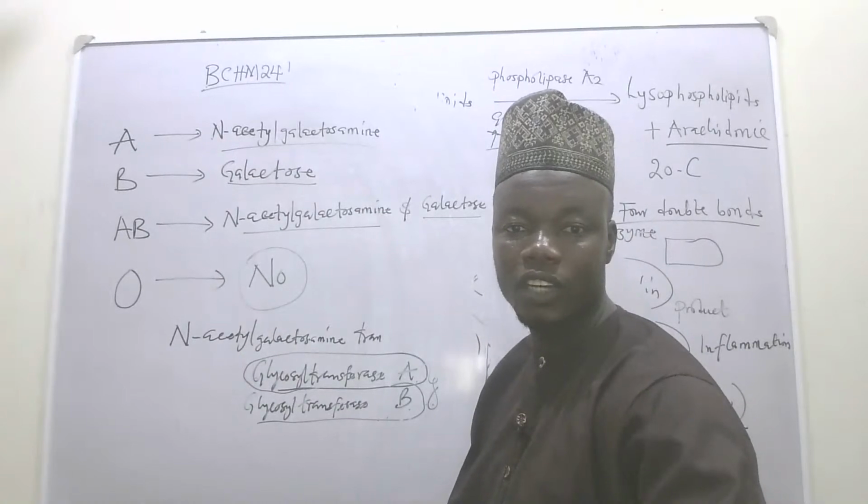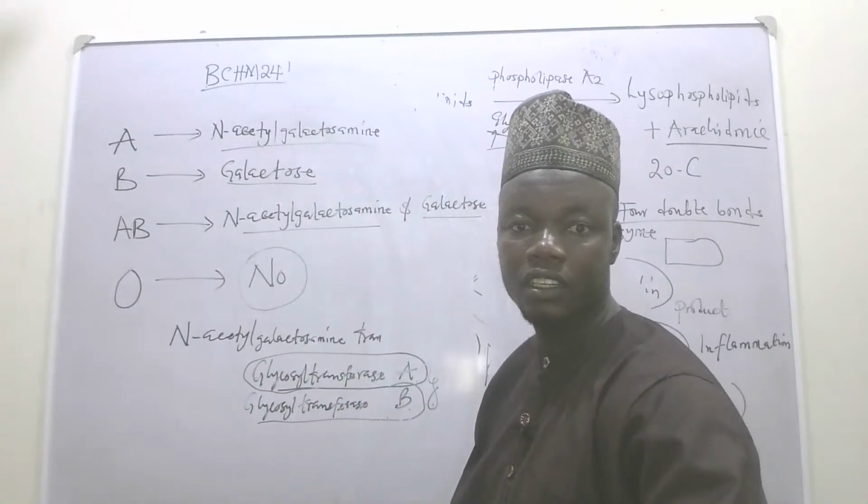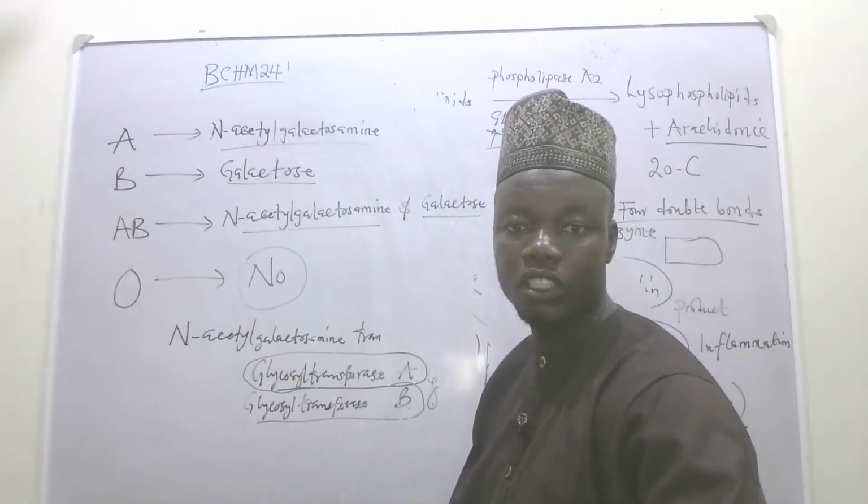So let's look at the other questions. Question 1A, 1B, so we are now moving to question C. That is: sequentially list and describe the 6 classes of enzymes.